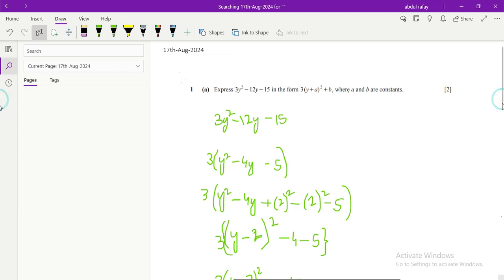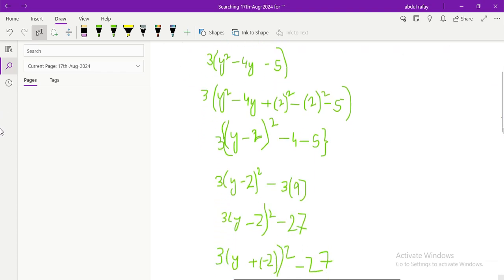After that, you can see the 3 is multiplying with all these terms. So I can rewrite this as 3 times (y minus 2) whole squared, minus 3 times 9, because here we have minus 9.